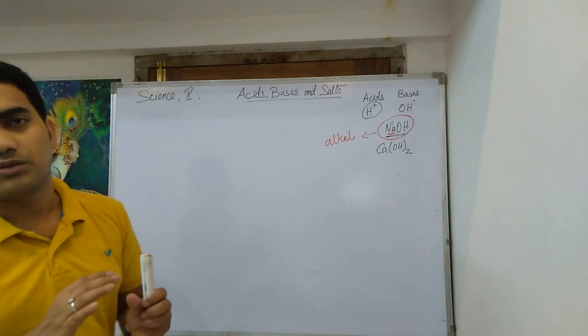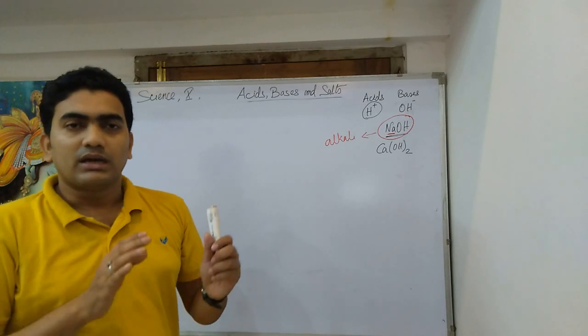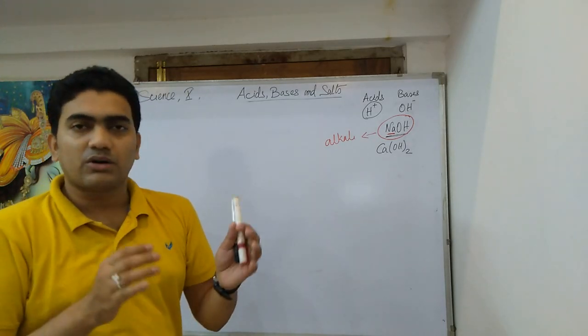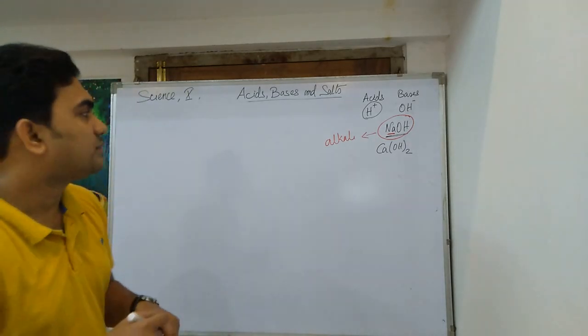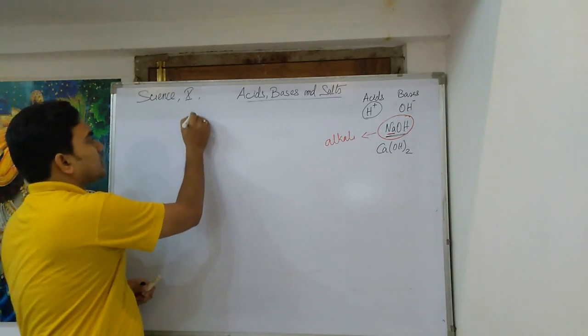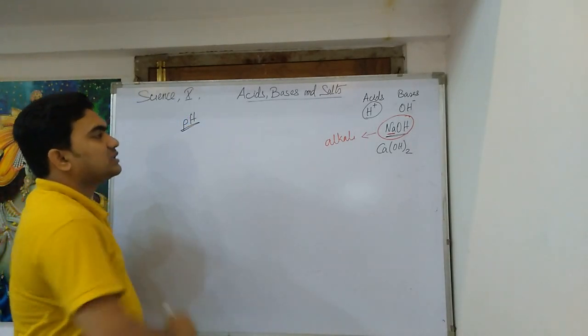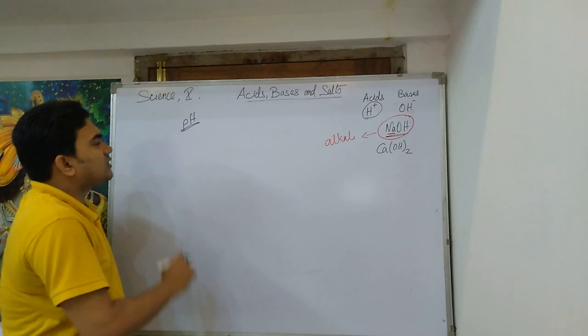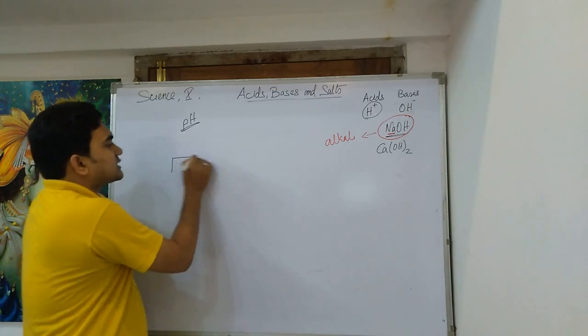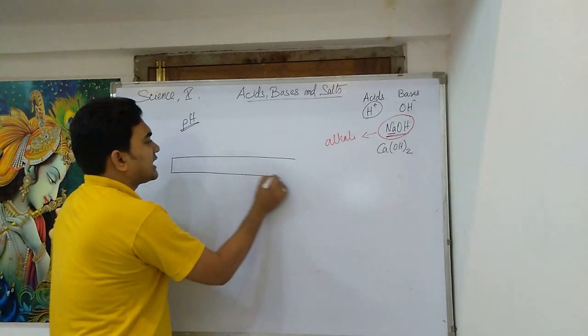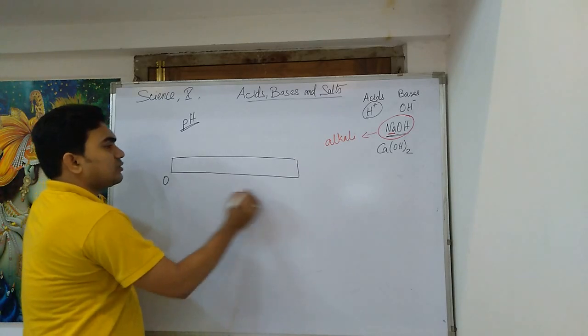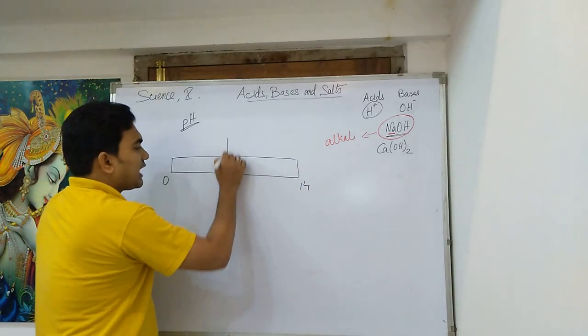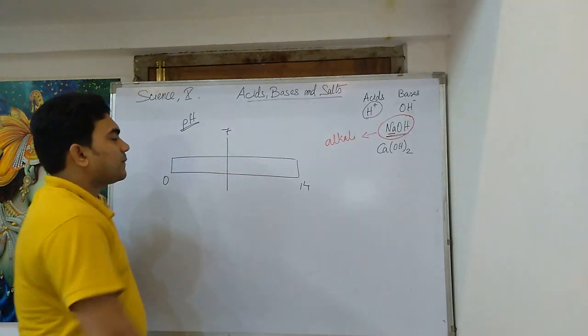That particular common ground where we can classify acids and bases according to their strengths is called pH. The pH of a solution is a scale. The scale is numbered from 0 to 14, with 7 at the middle.